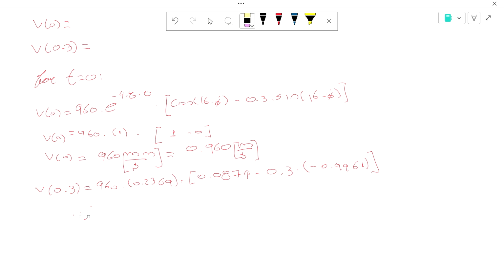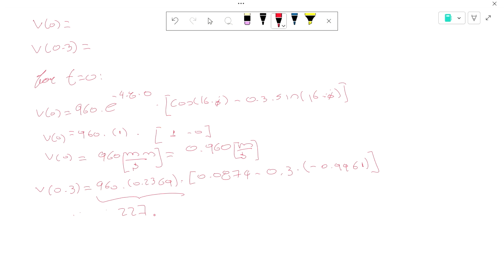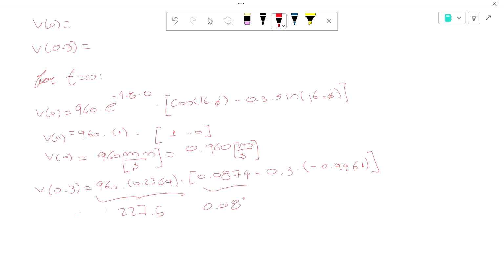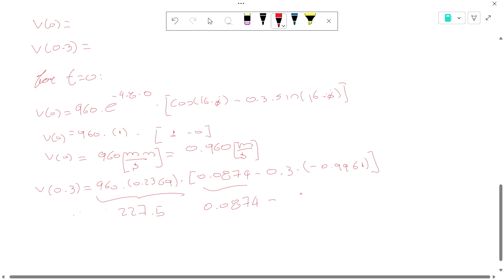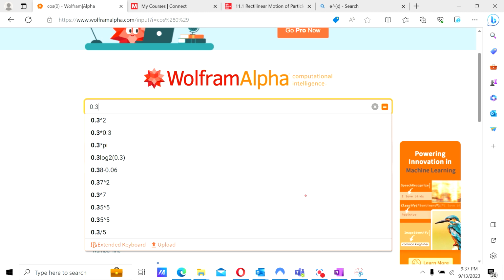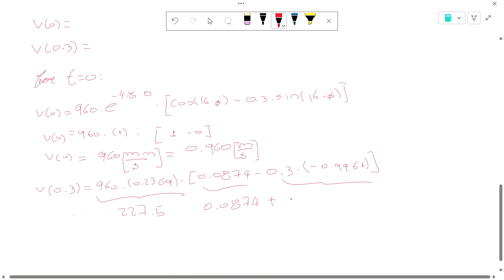Okay, so this is 227.5, let's say. This is the same thing, 0.0874 minus, this is a plus, 0.3 times 0.9961, 0.3 as well, 0.29.